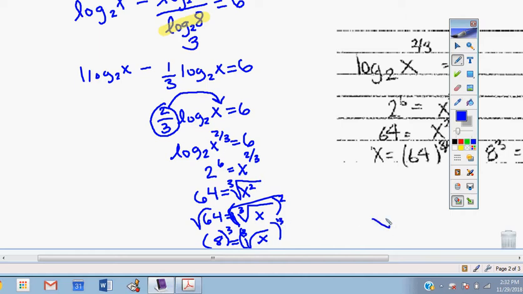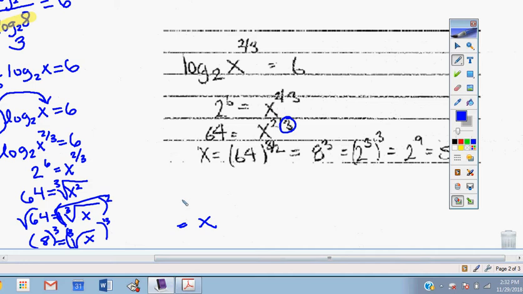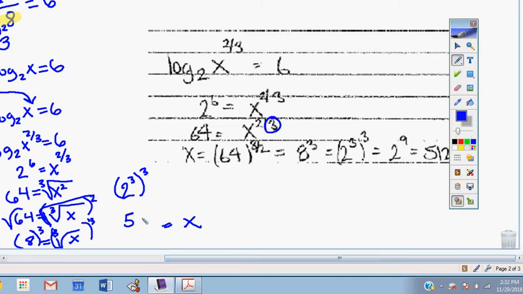Sorry, that's getting a little sloppy there. And then x equals 8 times 8 times 8, which, if you don't know what that is, don't you know that 8 is 2 cubed? So this is 2 to the 9th power. Same thing, you're going to end up getting 512, which is what we have over there, so 512.